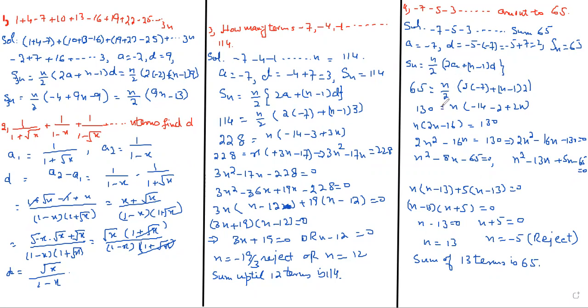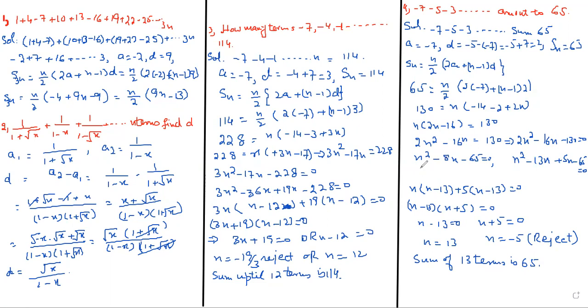So substituting the values, n by 2 multiplied by 2 times 7 gives 130 equals n times (minus 14 minus 2 plus 2n), so 2n minus 16 equals 130, then 2n square minus 16n equals 130.